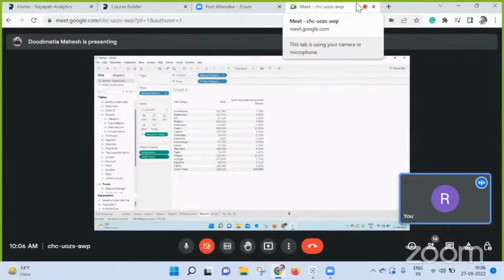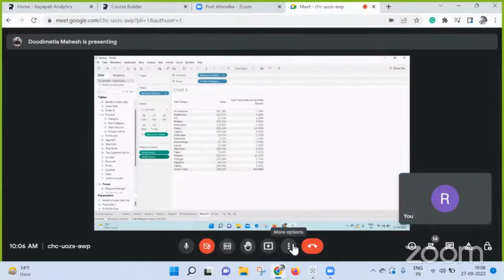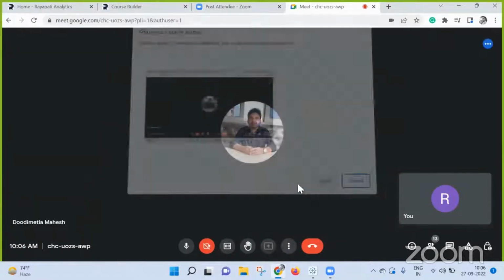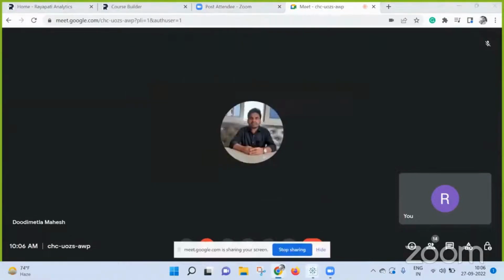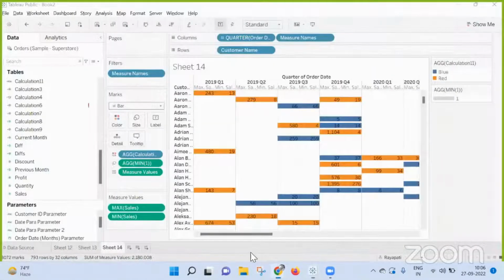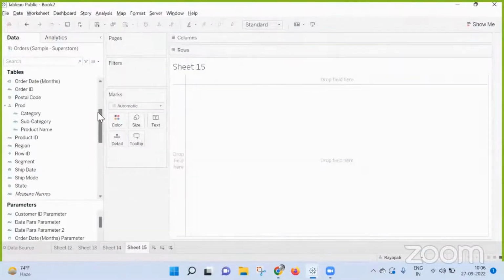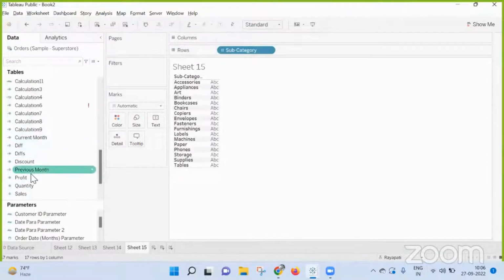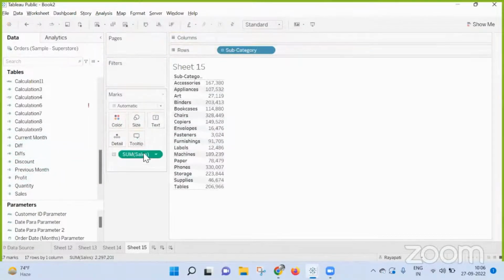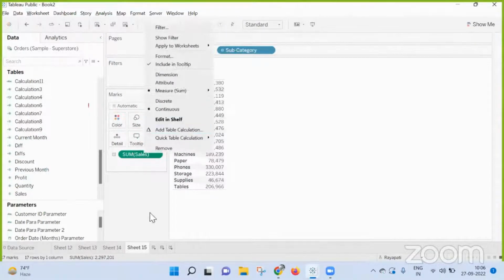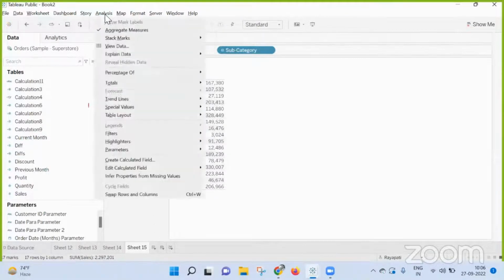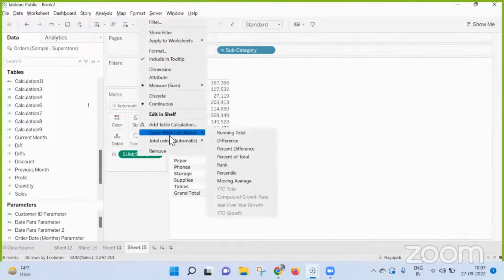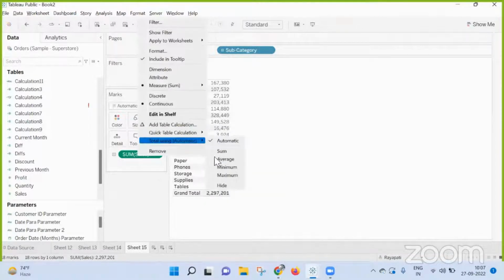Okay, let me share my screen. So here you're saying you have subcategory, you have sales, and here the grand total using average.